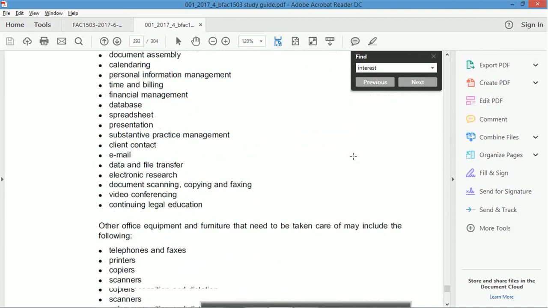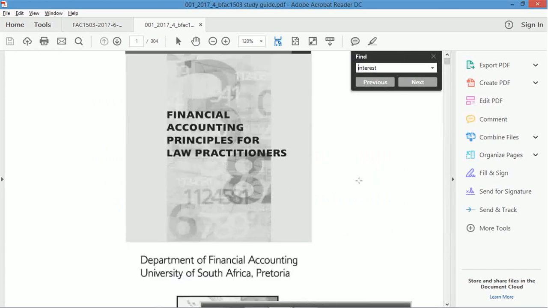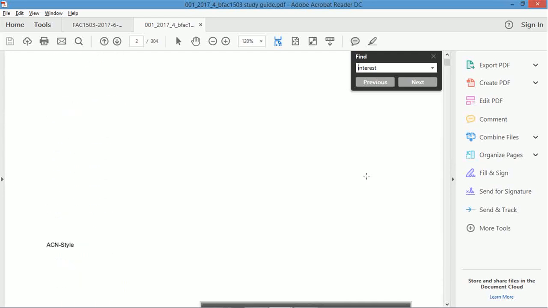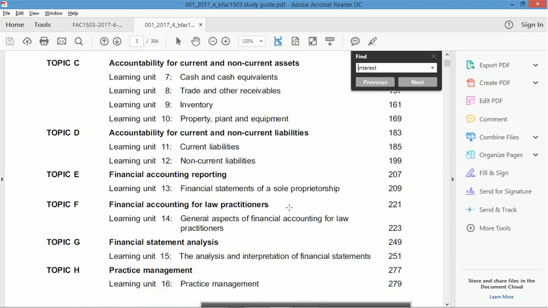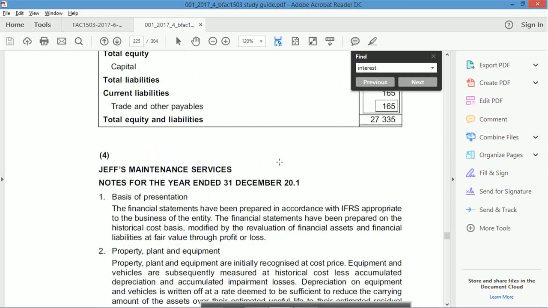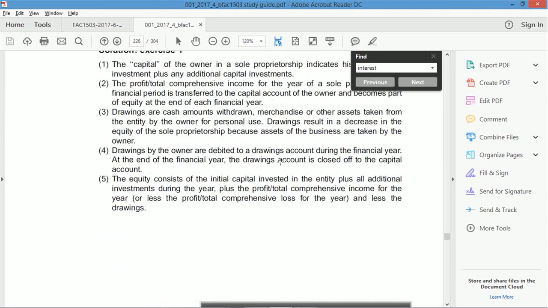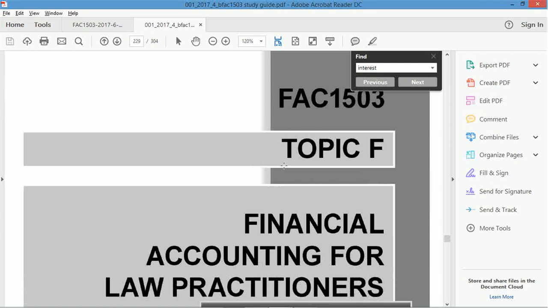Okay, so it must be here. It would have been under the trust. I'm sure I've read it here. Let me just go back to this. It's the trust accounting stuff. So that was Learning Unit 4, page 223. Okay, there it is.